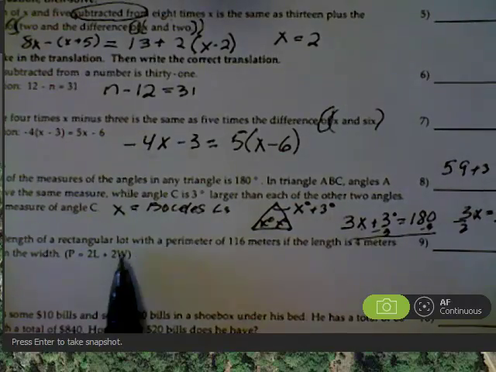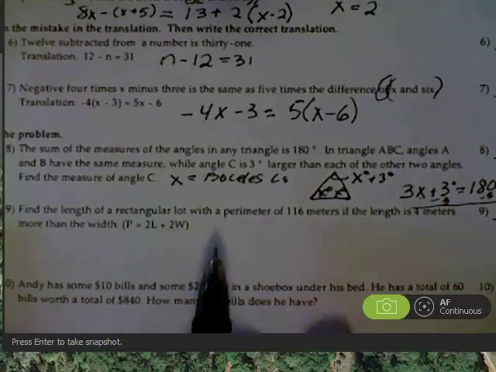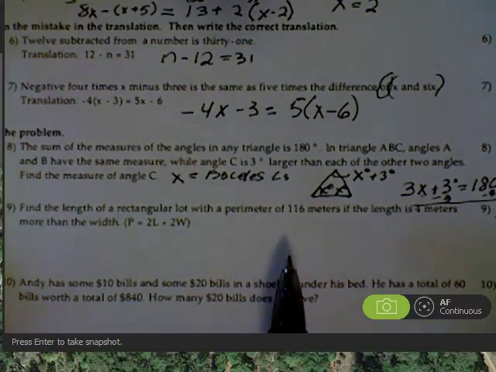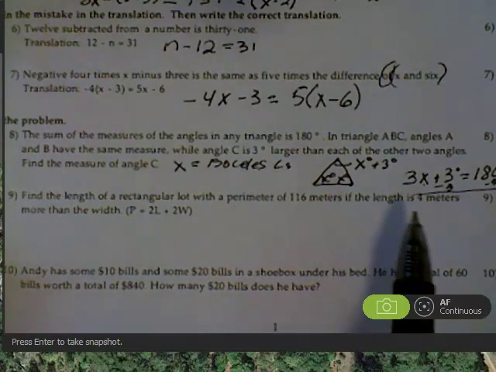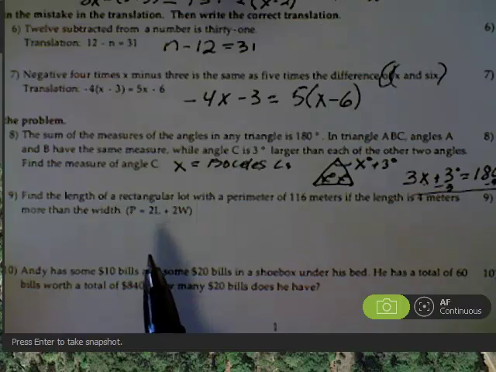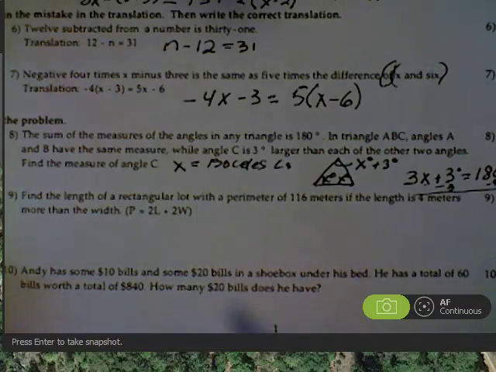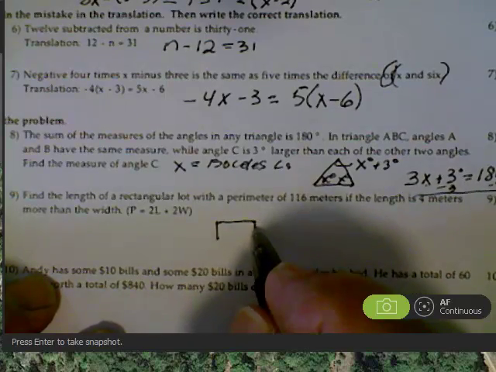Find the length of a rectangular lot with a perimeter of 116 meters if the length is 4 meters more than the width. Well, this is a geometry problem. So we're supposed to draw a rectangle.